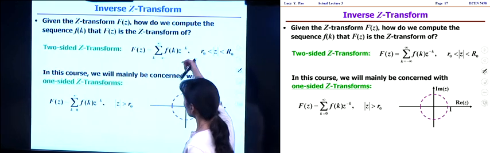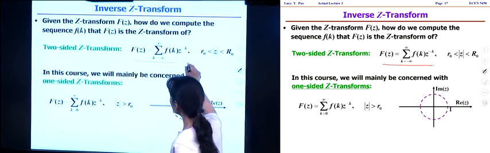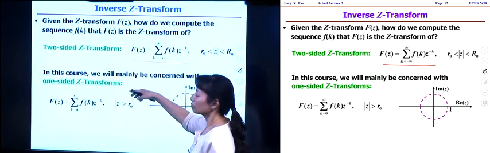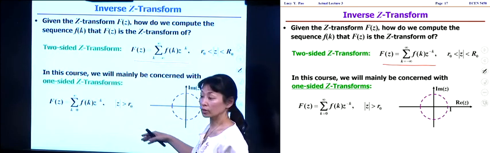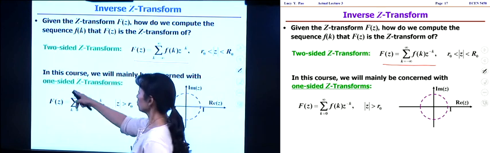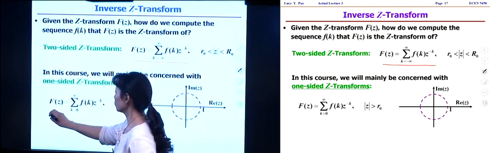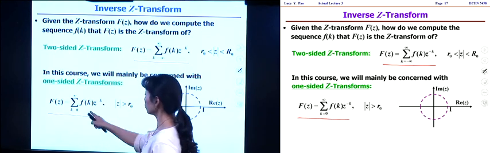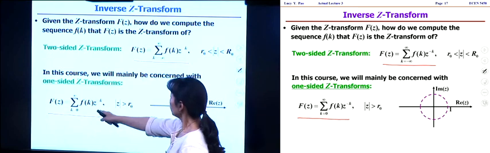In general, this is the two-sided z-transform, but because we're mainly going to be concerned with causal signals and causal systems, we're going to use the one-sided z-transform, which is by definition just truncated.